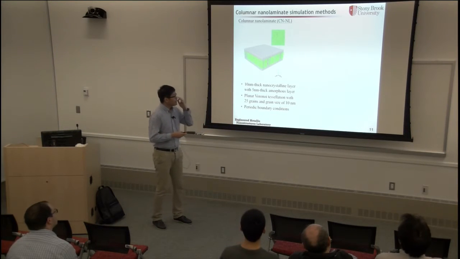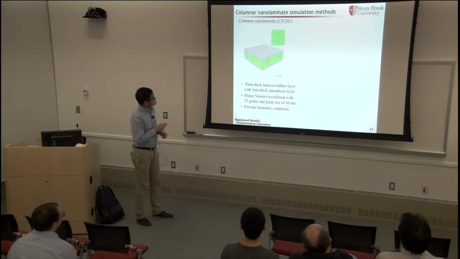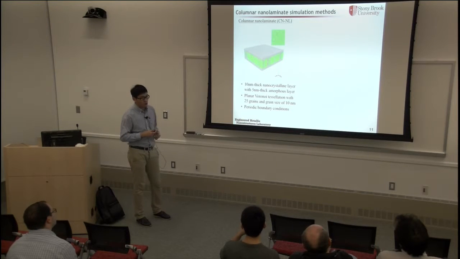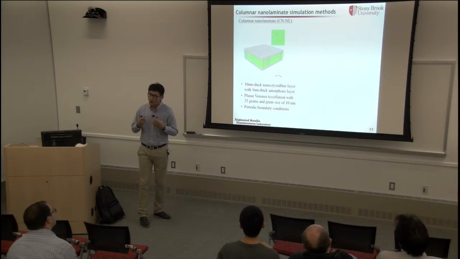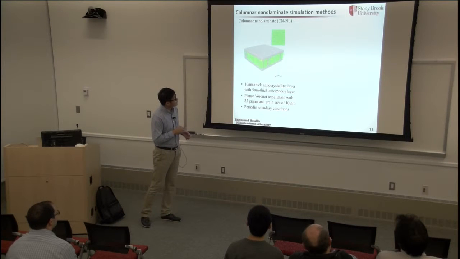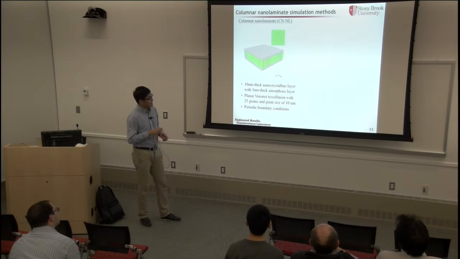The unique structure built in this study is the columnar nanolaminate. It has the same layer configuration as the single crystal nanolaminate. However, we introduced grain boundaries in the crystalline layer, as shown in the inset of this picture, which is the plan view of the columnar nanolaminate. It has a Voronoi tessellation with 25 grains and an average grain size of 10 nanometers.